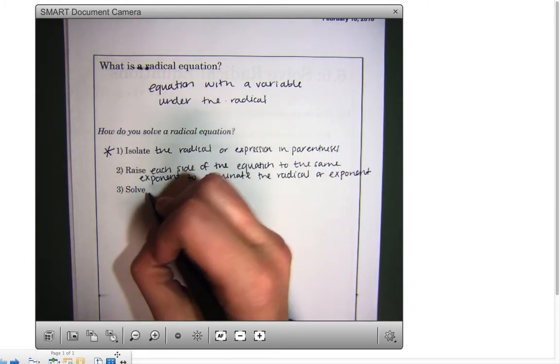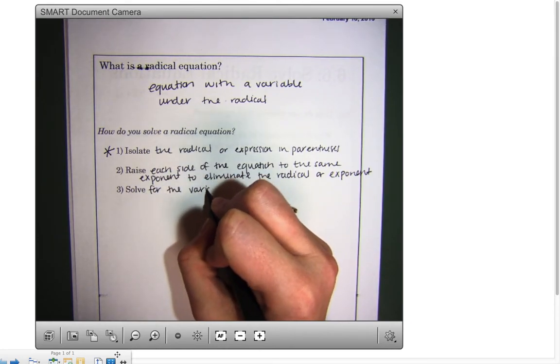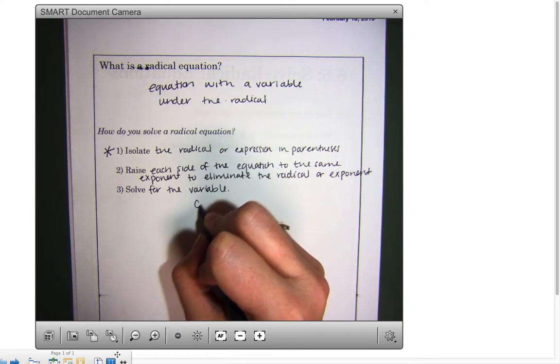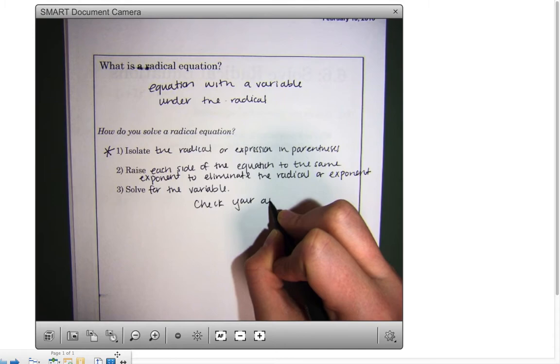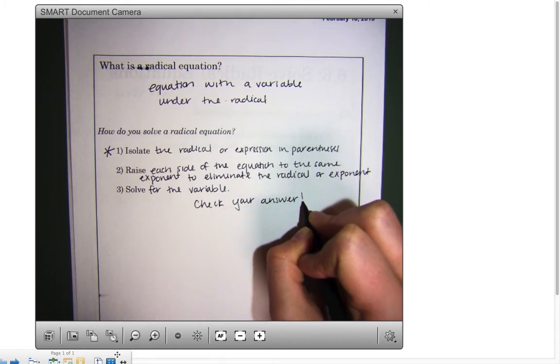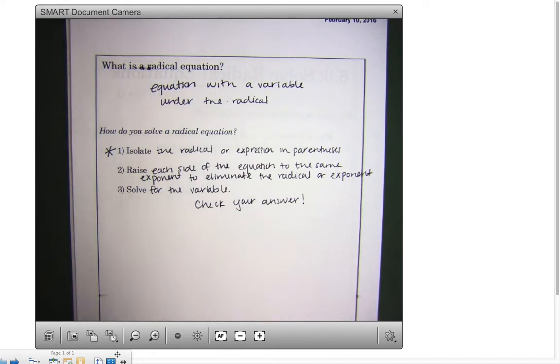And then the last thing, solve for the variable. Again, just like I said at the beginning, you need to check your answer every single time. We're going to have sometimes what we call extraneous solutions, and these are solutions that look like they're solutions, but then when you actually check them, they don't work.